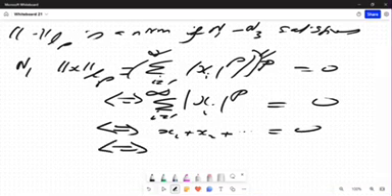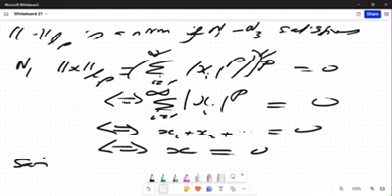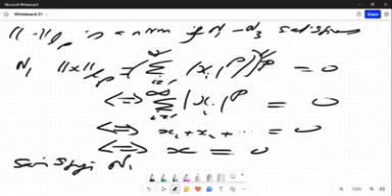And this will be equal to 0 if and only if x is a zero vector. And this is exactly what N1 says. So we've verified N1: the norm of x is equal to 0 if and only if you are dealing with a zero vector.